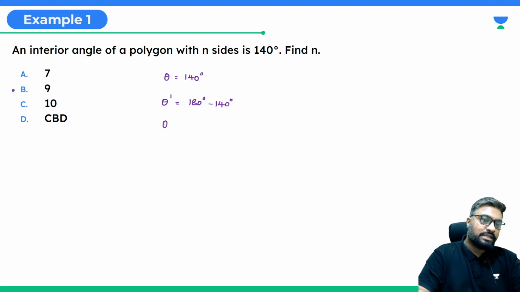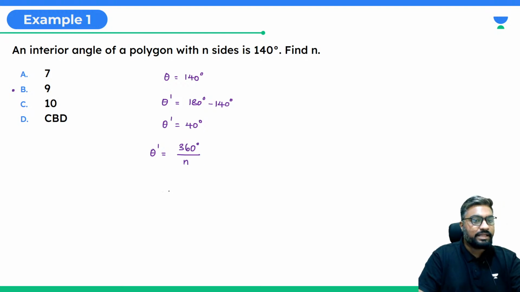So theta dash is how much? 40 degrees. Theta dash will be equal to 360 degrees by the number of sides. The number of sides will be equal to 360 degrees by exterior angle theta dash, which is 40 degrees, gives me n equal to 9.